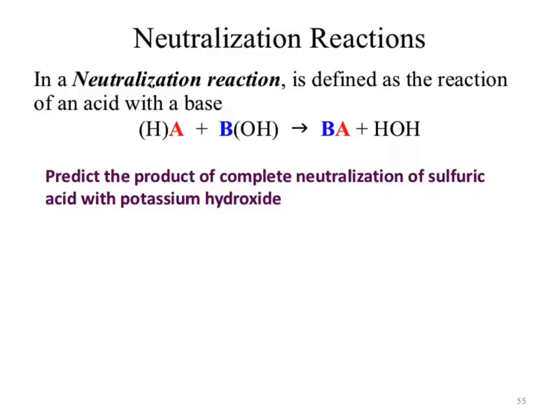Or if we rewrote this, we could write it out as A, B, C, D. What do I end up with? C bound to B. Neutralization reactions are double replacement reactions.